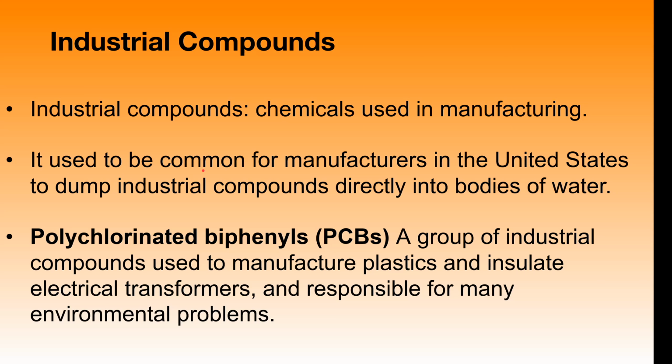All right. Industrial compounds, and here you should be very, very familiar with PCBs. PCBs are polychlorinated biphenyls, and they are basically used in plastics or a byproduct of the manufacturing of plastics.